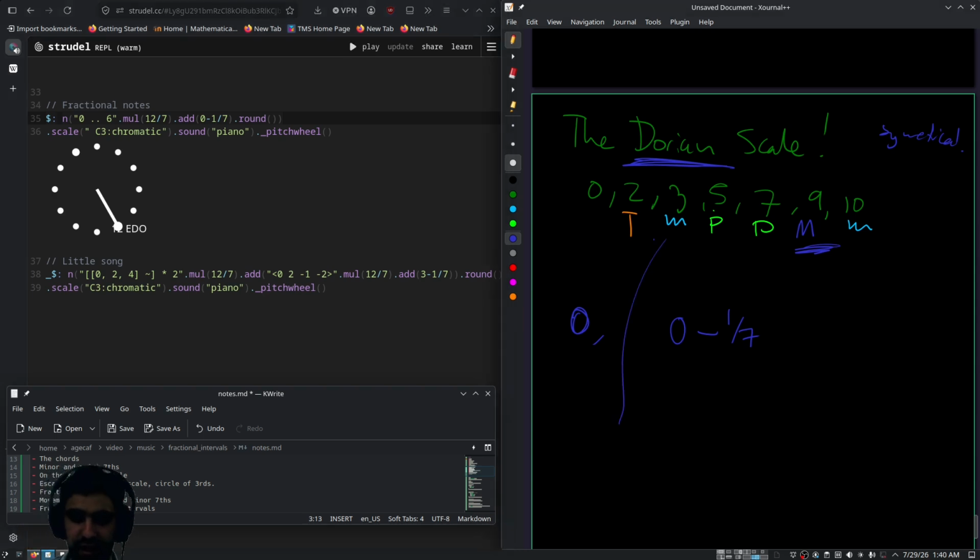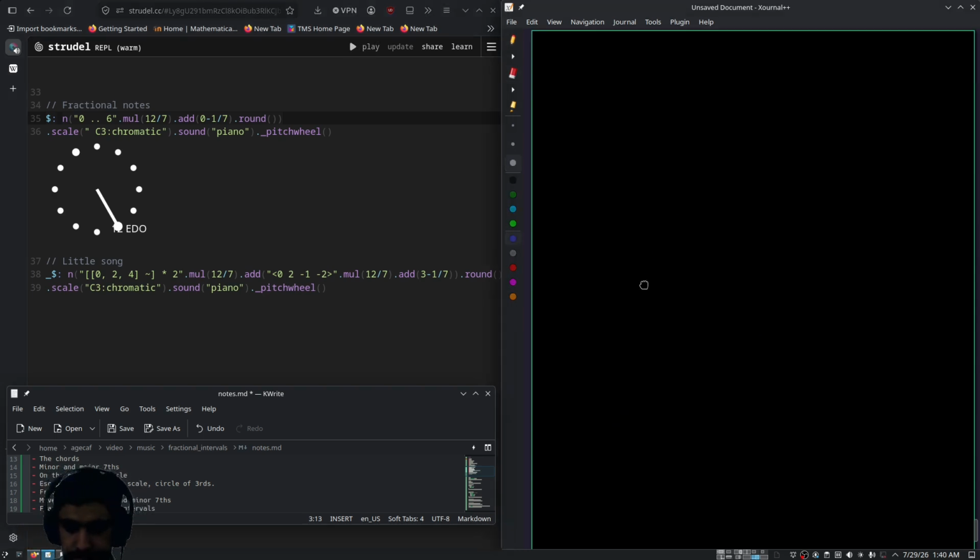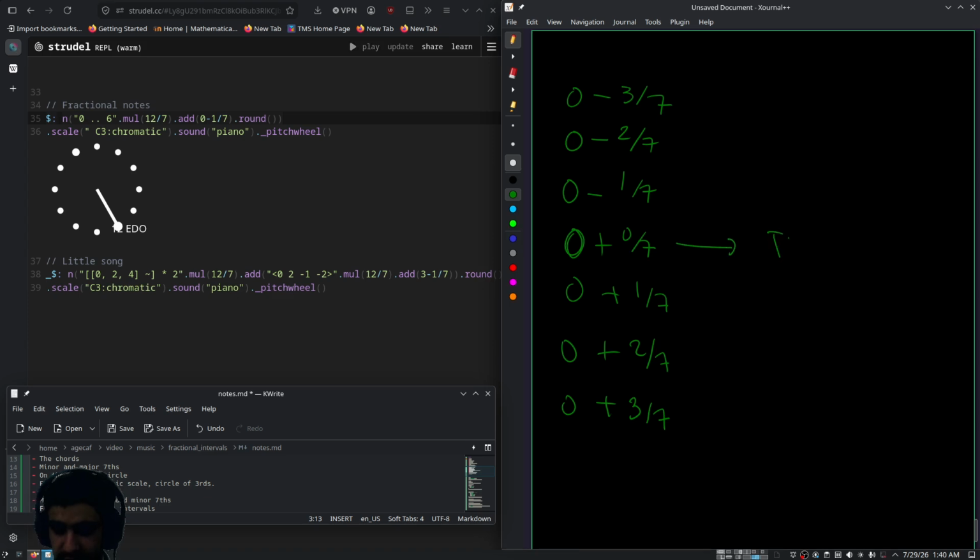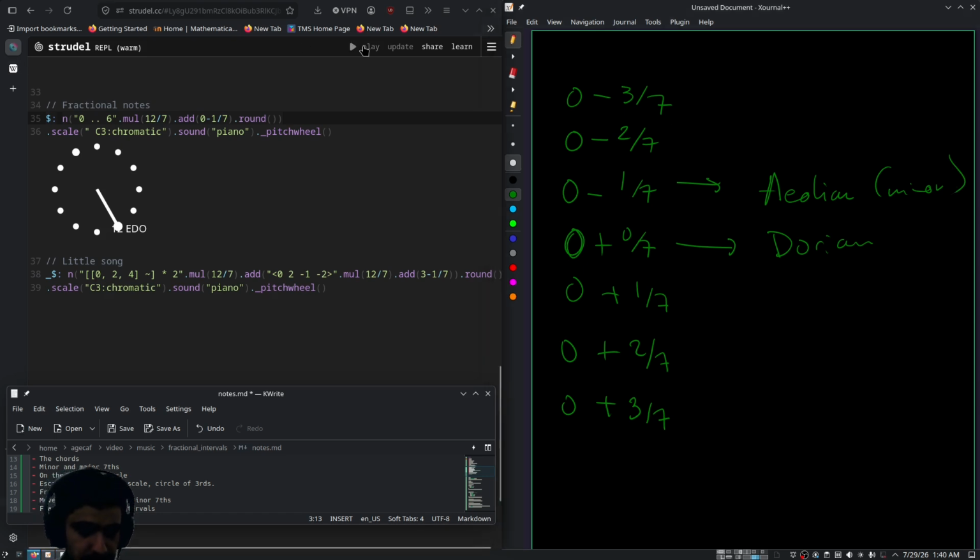So this one is our Dorian, and this one is our Aeolian, which is our minor mode. Yeah, we observe it and it's our minor mode.